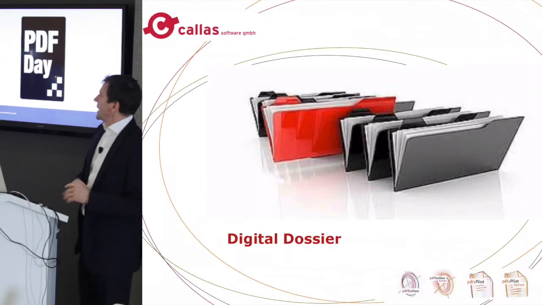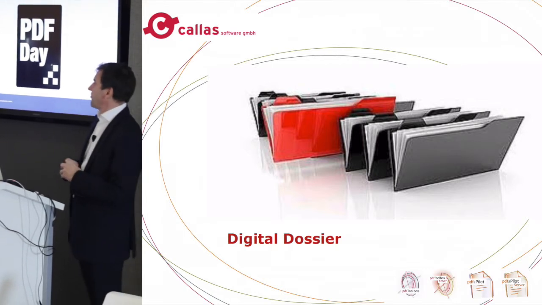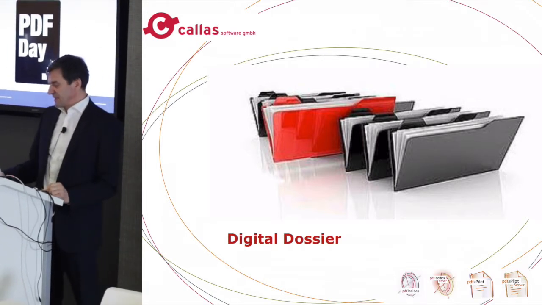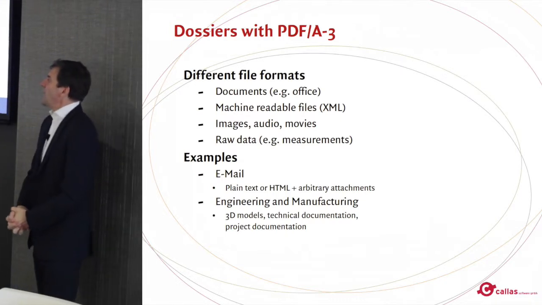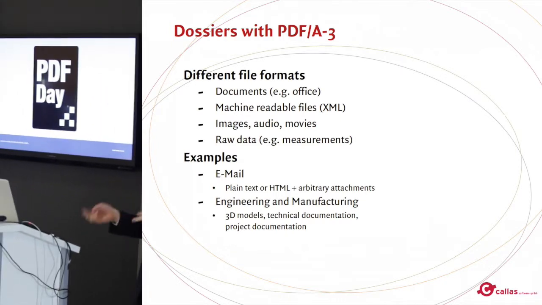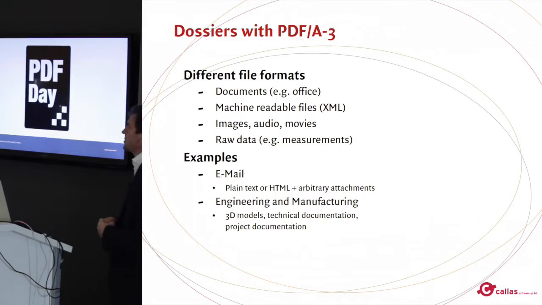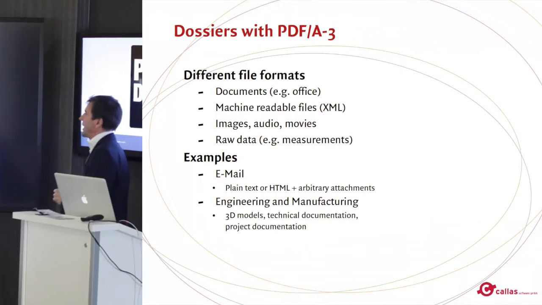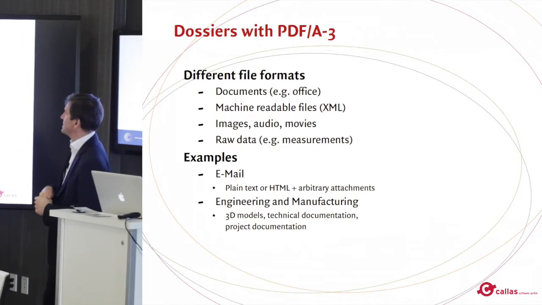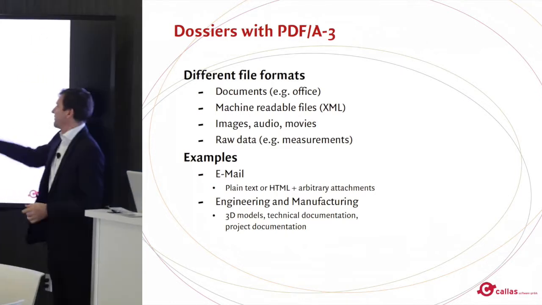So this is about the PDFA3 metadata. So final use case is a digital folder or a digital dossier. And in this case, we have, up until now, we always had a one-to-one relationship. So one attachment, one container. In this case, we have several attachments, like you may have in an email.